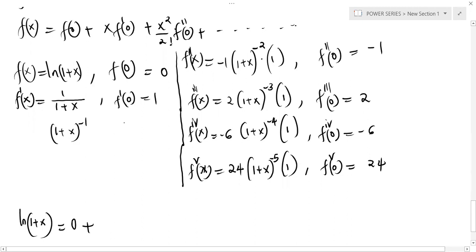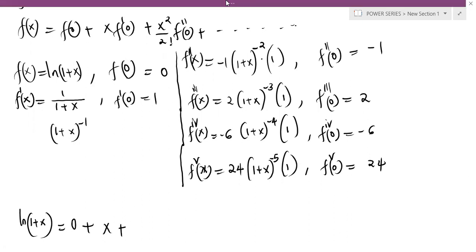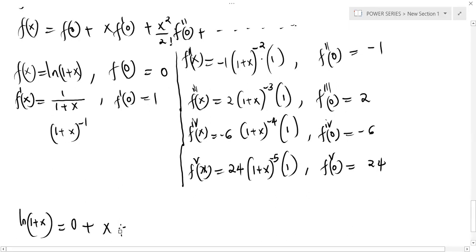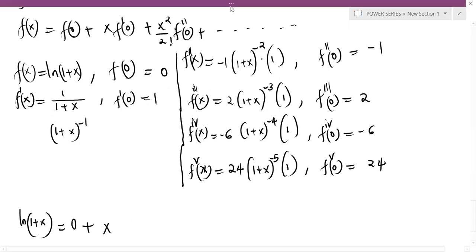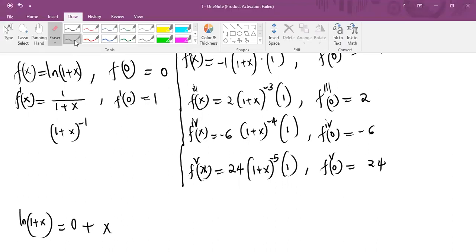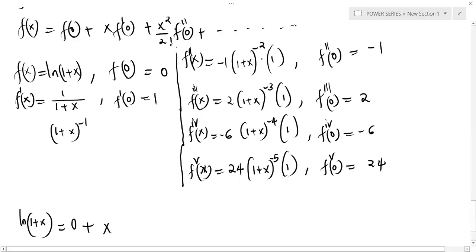So x f prime of 0 is 1, so we just have x, plus f double prime of 0 is minus 1, so we'll have minus x squared over 2 factorial.